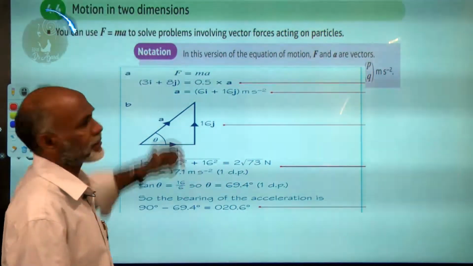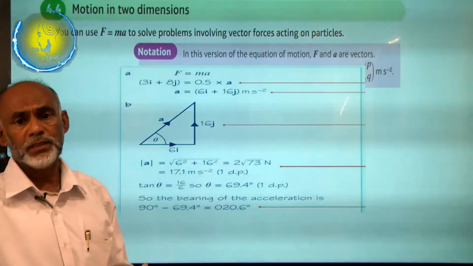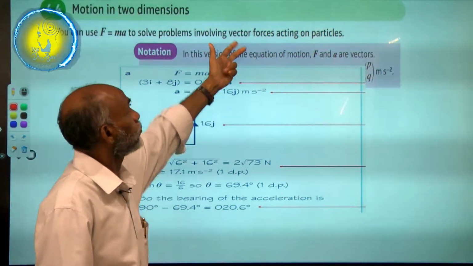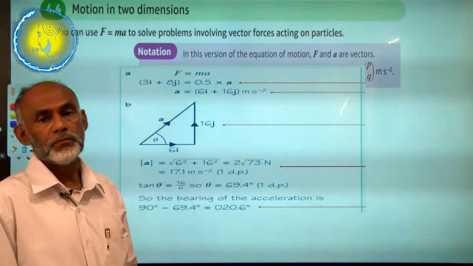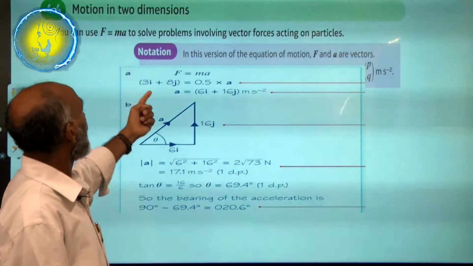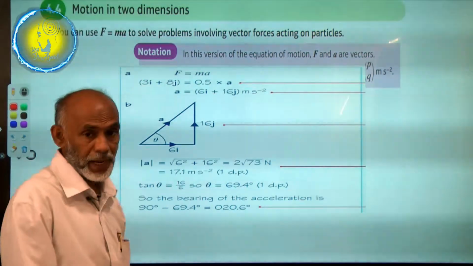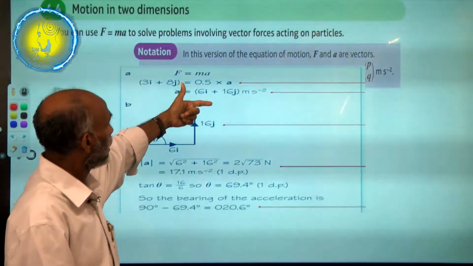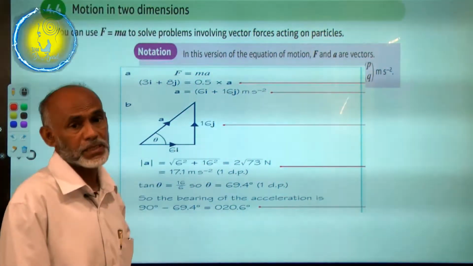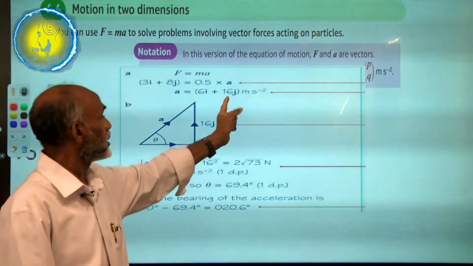This constant acceleration and the force can be specified as vectors. Vector means it has two dimensions, the horizontal and the vertical. The horizontal is specified with i and the vertical is specified with j.